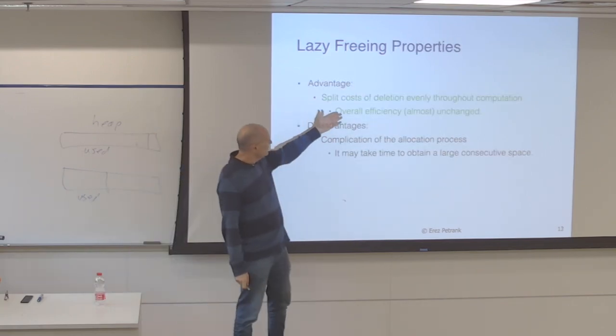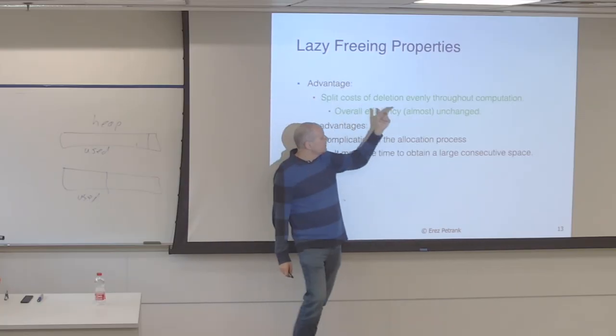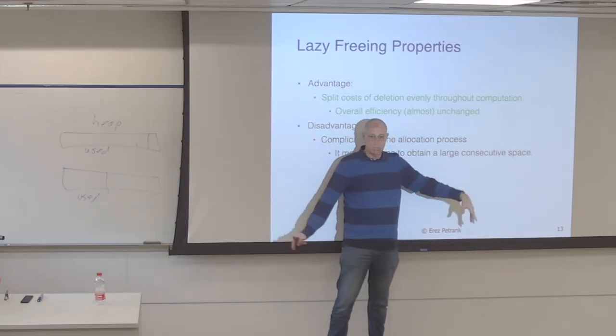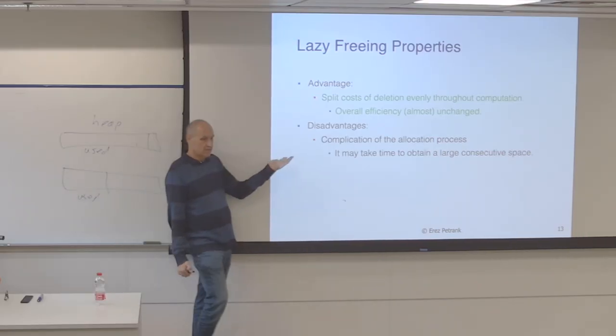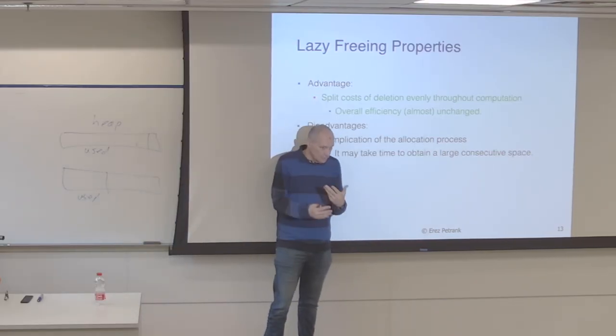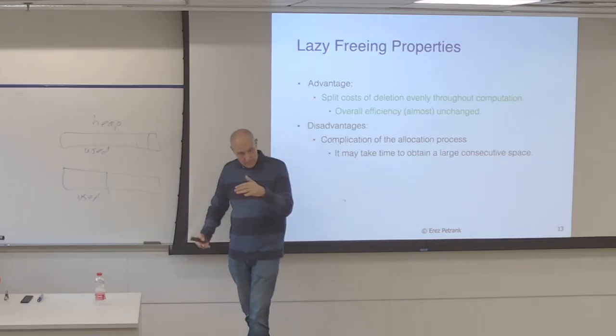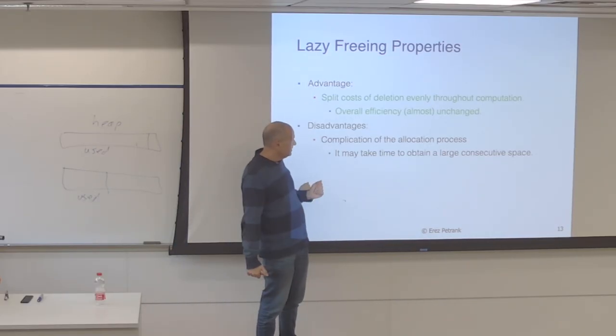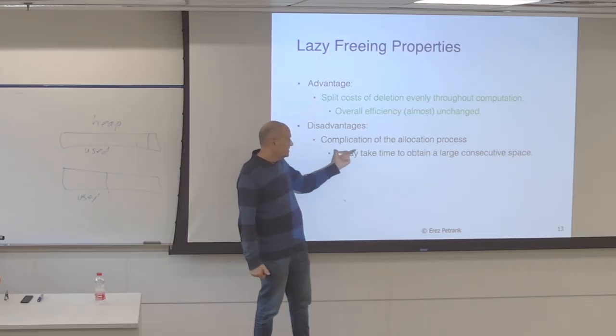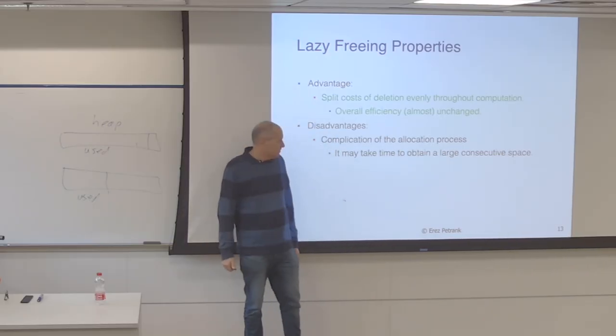So the properties: I split the cost of deletions evenly through the computation. And the overall efficiency is almost unchanged because I do the same work; I just go through the stack when I do that. The disadvantage is that it complicates the allocation process.